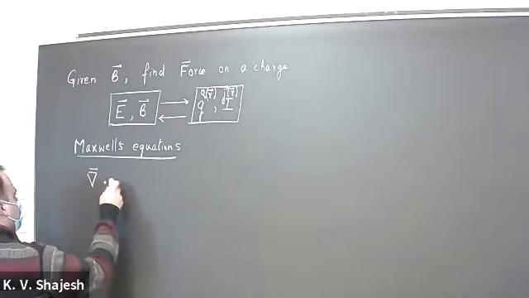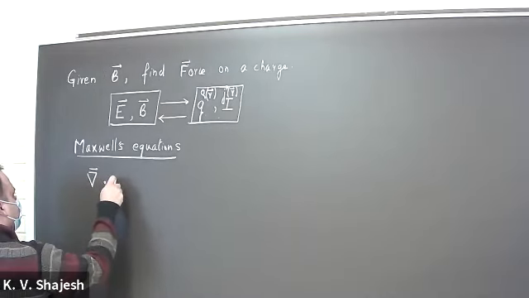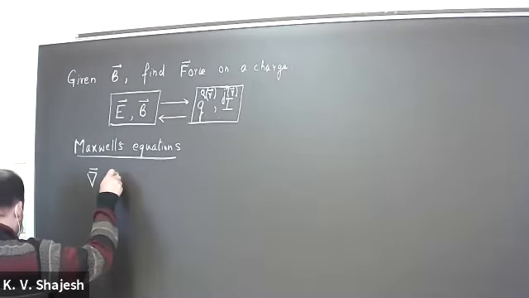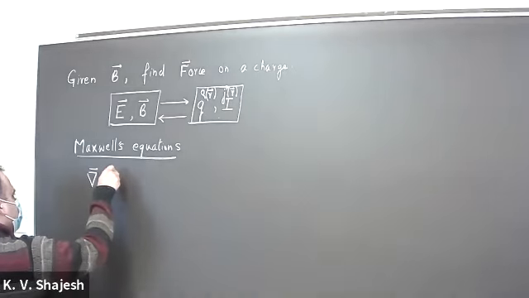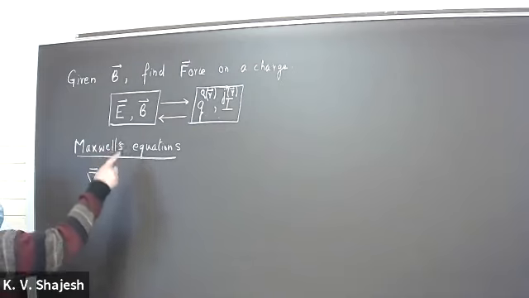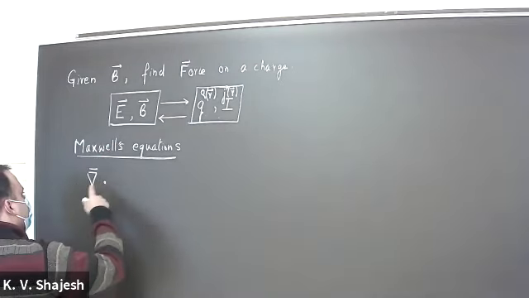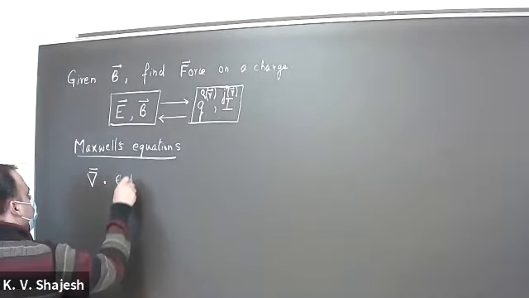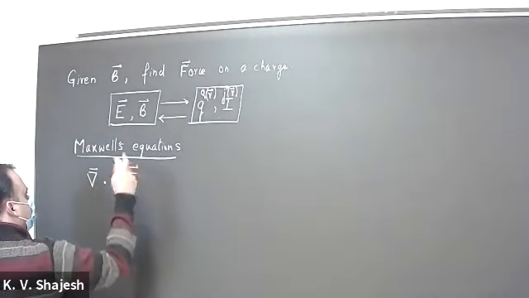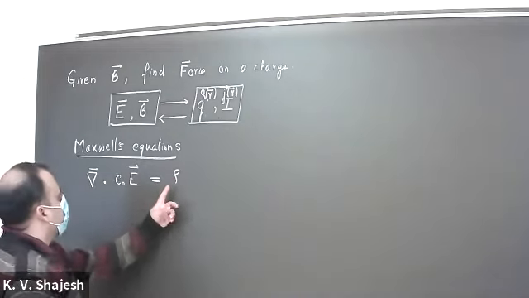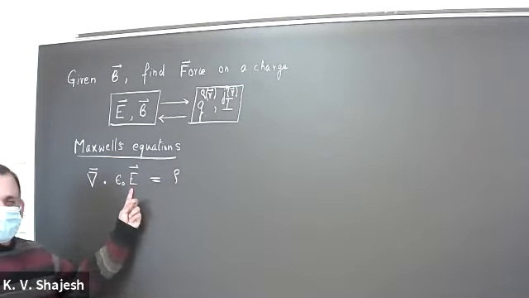Let me write epsilon naught on this side. Yeah, let's write it in terms of epsilon naught E, the divergence, equal to rho. That's charge density. So this is the source of the electric field.